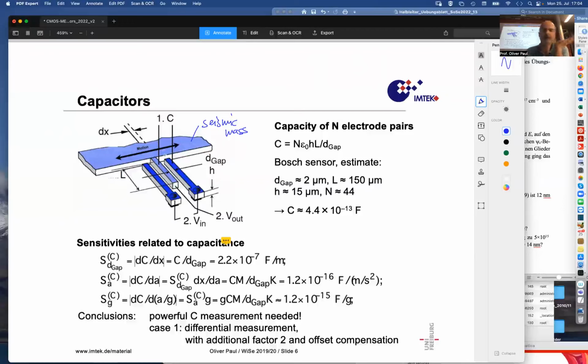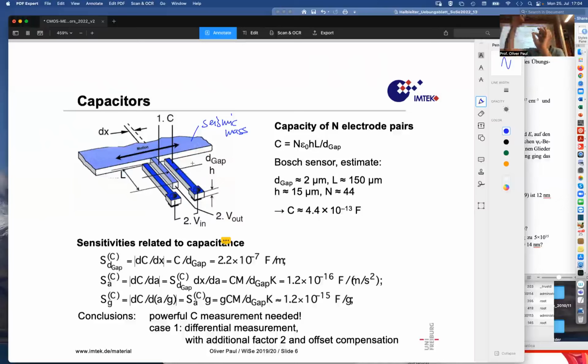And so you can imagine that a measurement of the deflection of this seismic mass with respect to these counter electrodes might be done in a first measurement by just measuring the capacitance between central and one side of the counter electrode.